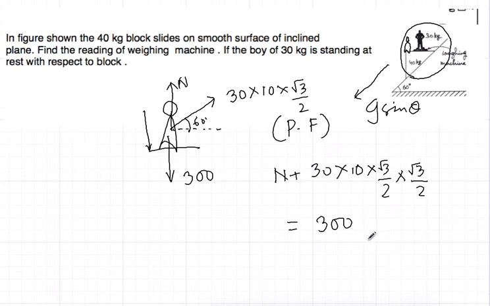All right, so we are getting N equal to 300 minus this.